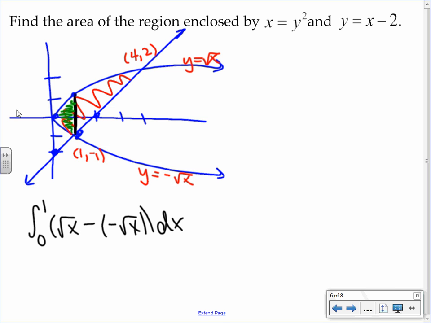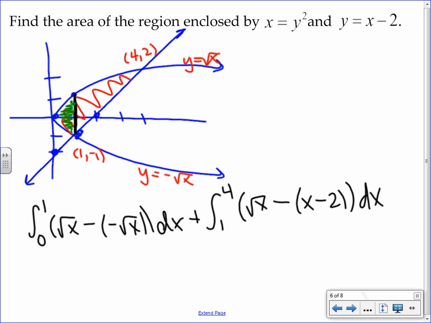Then the remaining red area, we're going to have the integral from 1 to 4, where our upper function is the square root of x minus our lower function, now that line, x minus 2. Notice how I put that in parentheses because we're subtracting a quantity. Okay? Is everyone okay with what we just set up here? If your lower function changes, you have to break it up into multiple integrals.